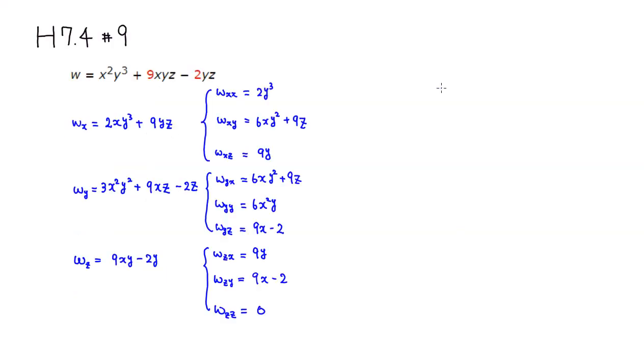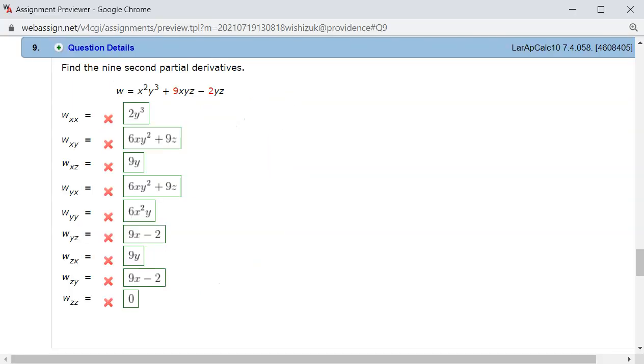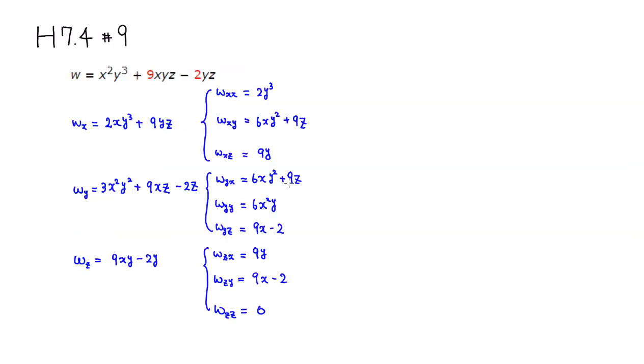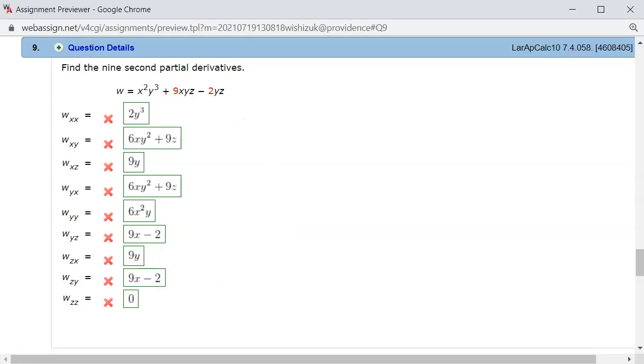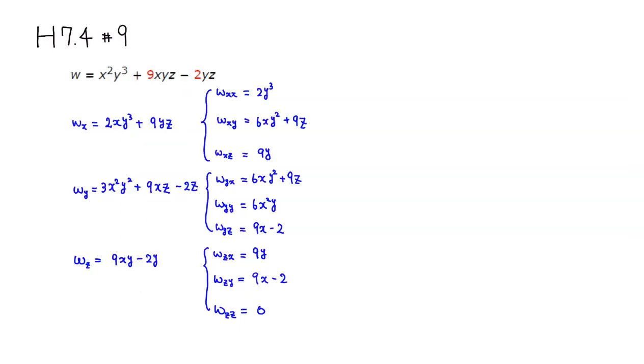Then we have 6xy squared plus 9z, 6x squared, 9, minus 2, and the last one, 9y, 9x minus 2, 0. We have that. All right, that's it. I hope that this was clear.